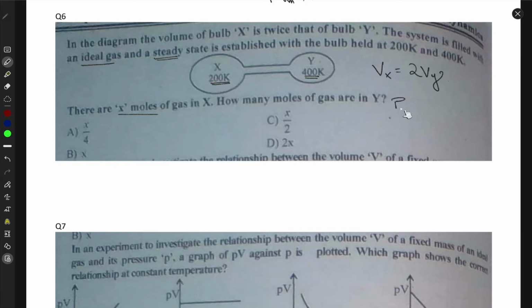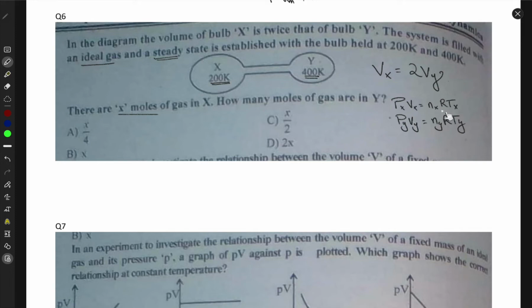Let's write it down for X first: Px Vx equals Nx R Tx. And for Y, it would be Py Vy equals Ny R Ty. So these are the P, V, N, and T for X, and similarly for Y. Because these are the changing variables, R is just a constant, so it's going to be the same.